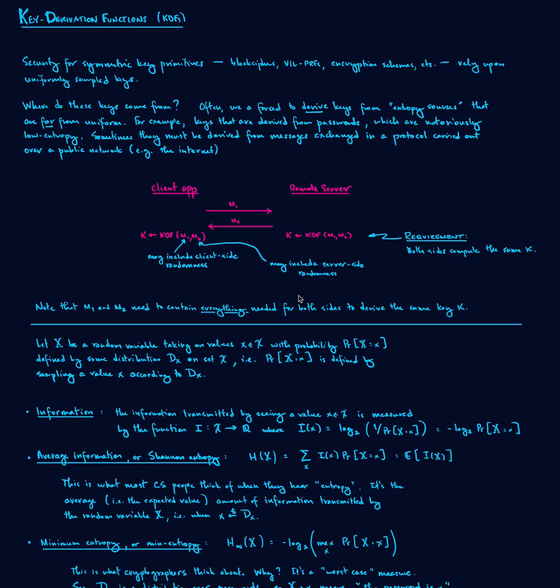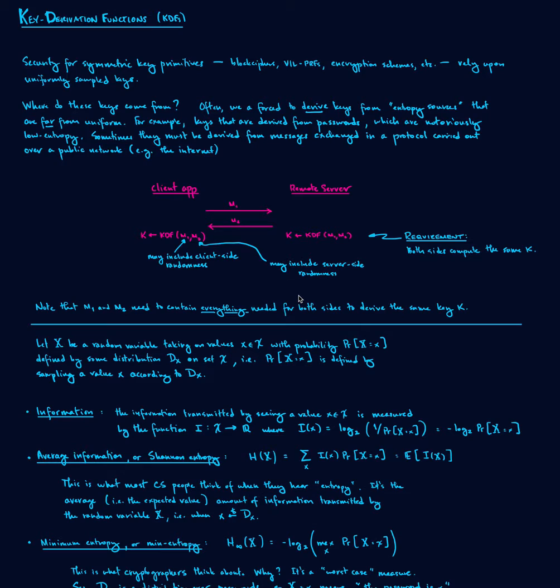They carry out this exchange of messages, a protocol, whereby maybe the client app sends a message M1 to a remote server, and this message may contain entropy from the client side random number generator, say. But the remote server doesn't share this source of entropy. It may have its own source of entropy, and so it includes some randomness in its own return message M2.